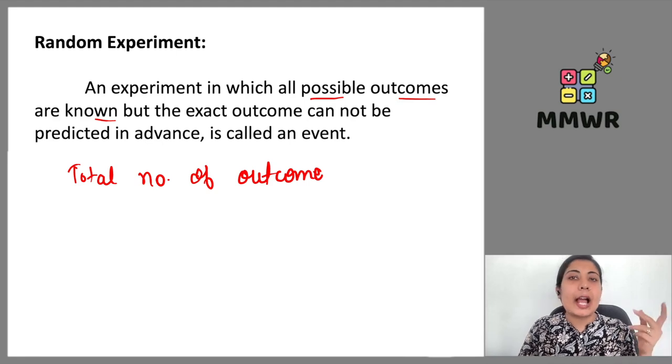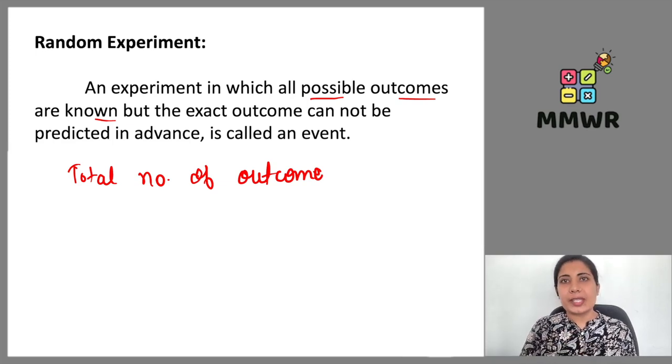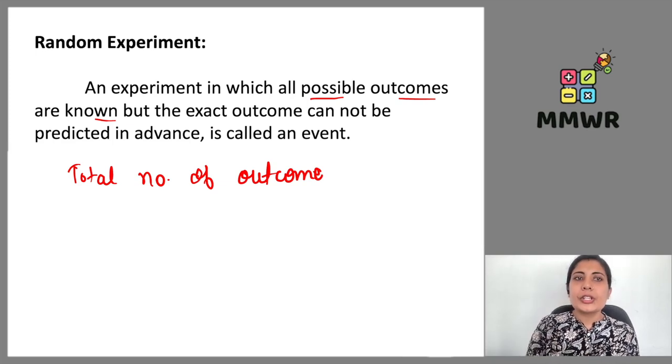If somebody asks, after rolling the dice, what is the probability of getting 7, then of course the probability is zero, because on the dice there is no 7 on any face, so its probability will be zero, right?